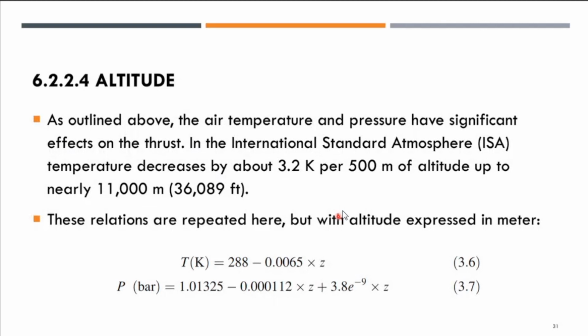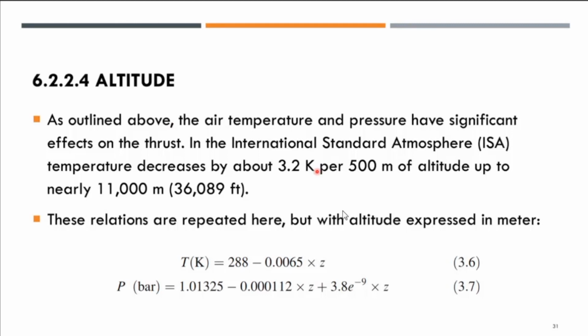Let us move into the fourth factor here, the altitude. As outlined earlier, the air temperature and pressure have a significant effect on the thrust. In the International Standard Atmosphere, ISA, temperature decreases by about 3.2 Kelvin per 500 meters of altitude.